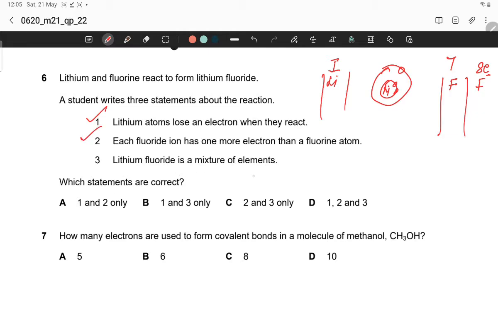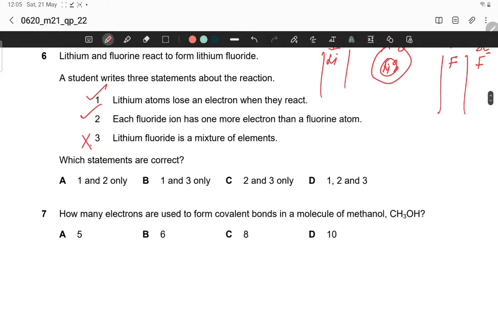Lithium fluoride is a mixture of elements. Lithium is an element, so it cannot be a mixture of elements. So this is incorrect. Lithium fluoride is a compound.